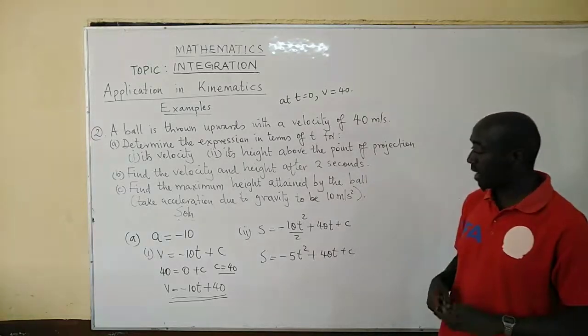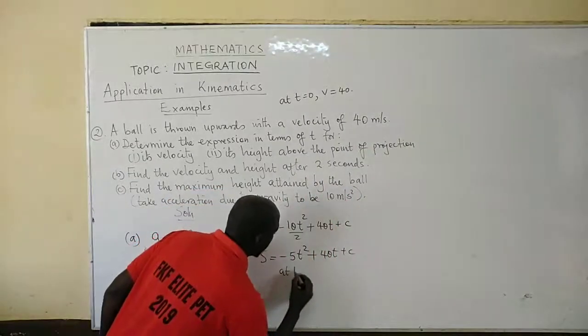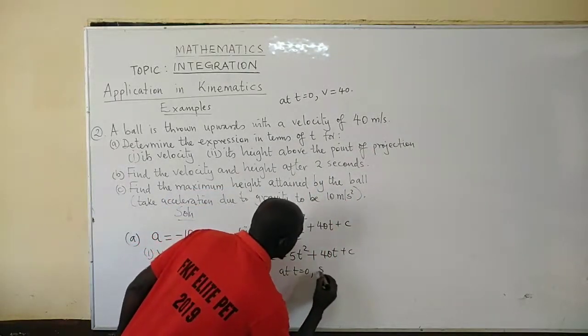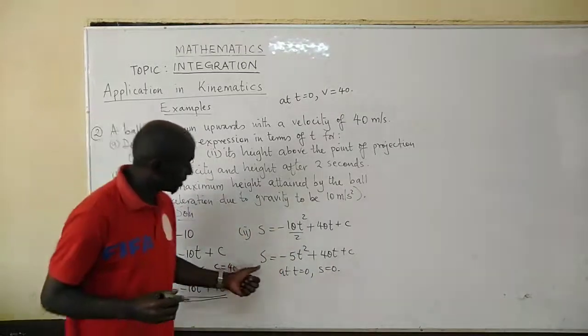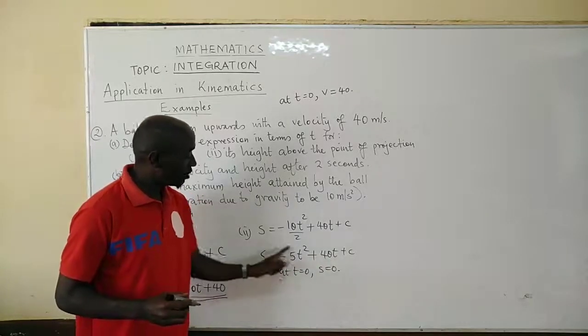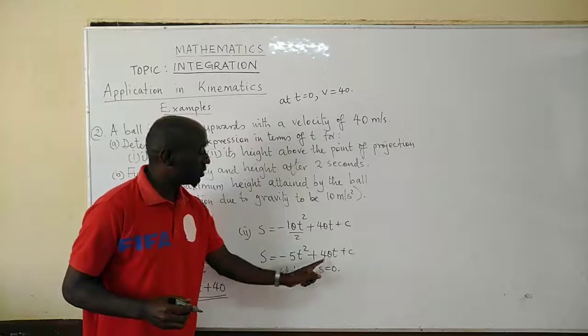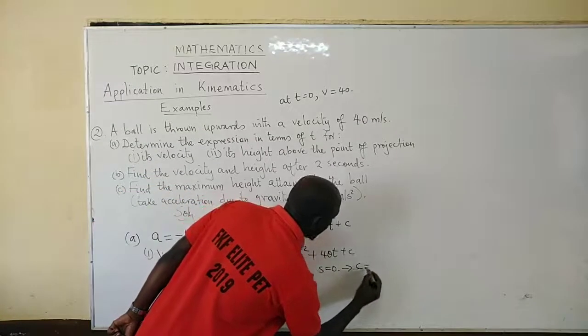So we will assume that at t is equal to 0, s is equal to 0. Distance covered is 0. Therefore, replace s with 0, t with 0. So 0 is equal to 0 plus 0 plus c. Therefore, c is equal to 0.